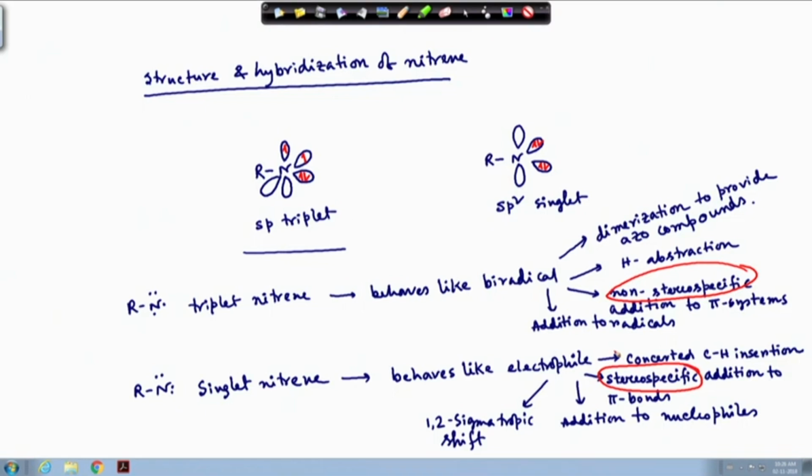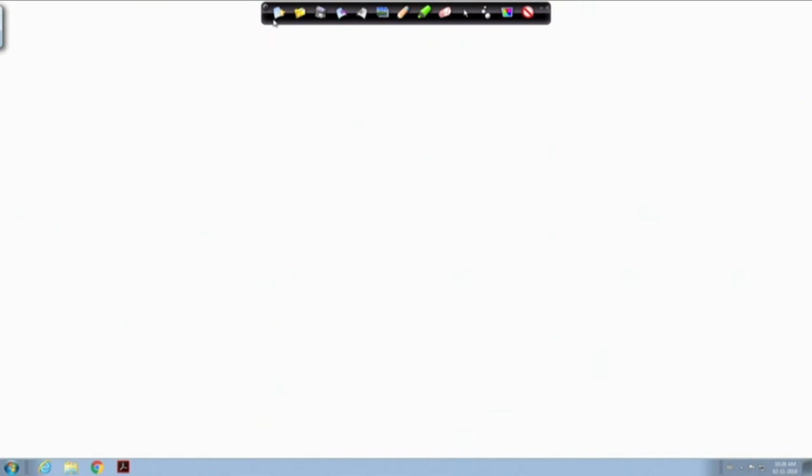Additionally, triplet nitrenes can be understood through ESR spectroscopy. Now, next we will see how nitrene stability differs with the substitution on the nitrogen.